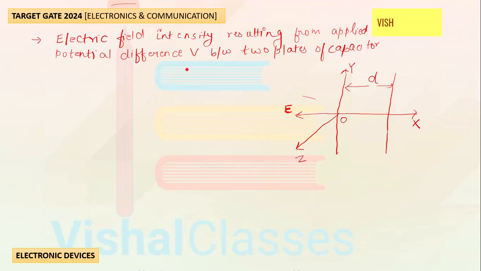The electric field in X direction is given by the formula minus V upon X minus X naught, which is equal to minus V upon D.